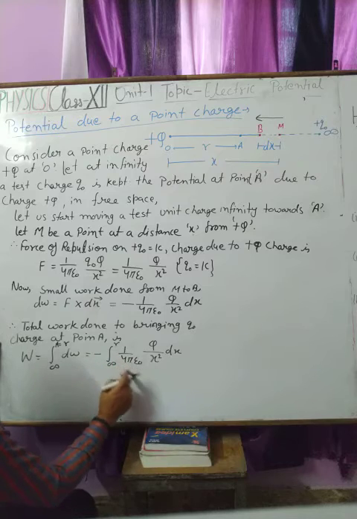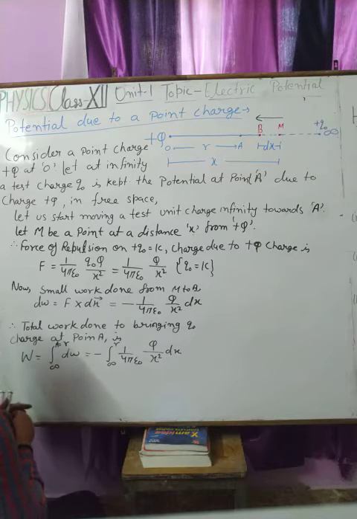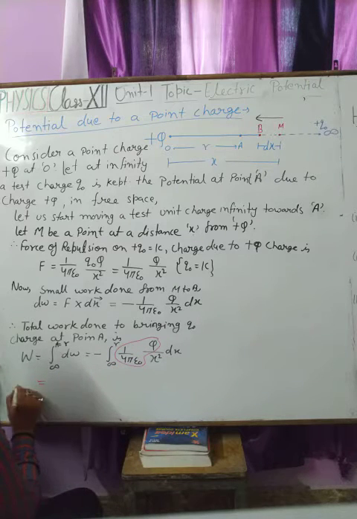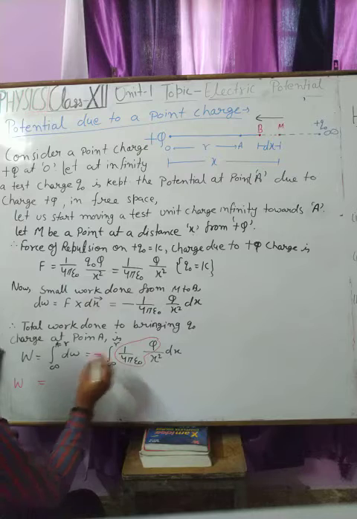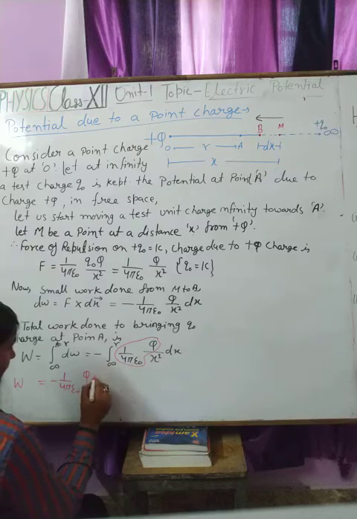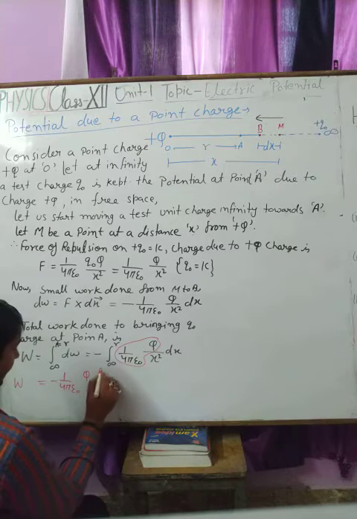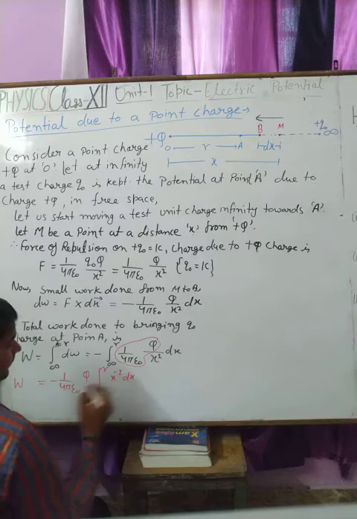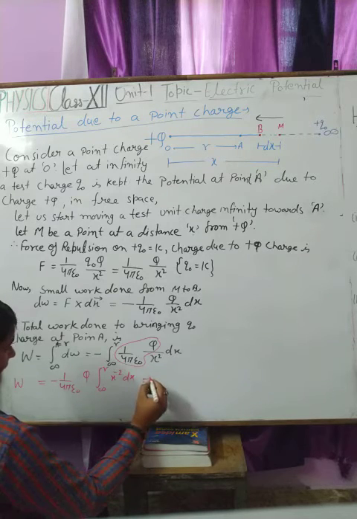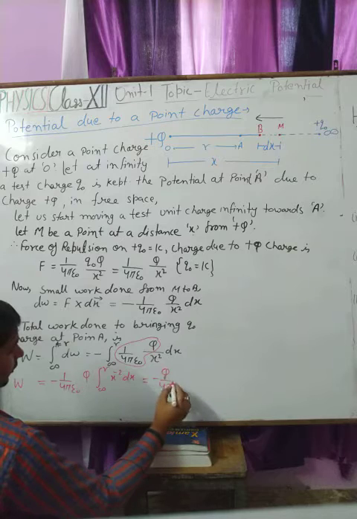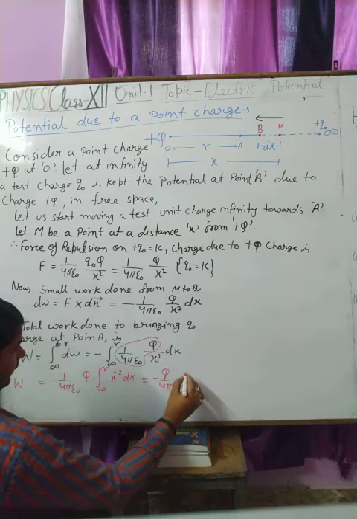Now students, these values are constant, therefore work is minus 1 upon 4 pi epsilon naught q integration from infinity to r of x to the power minus 2 dx. Okay, now this gives the result.